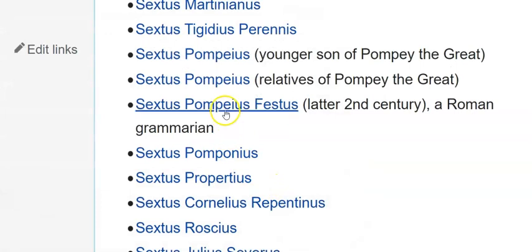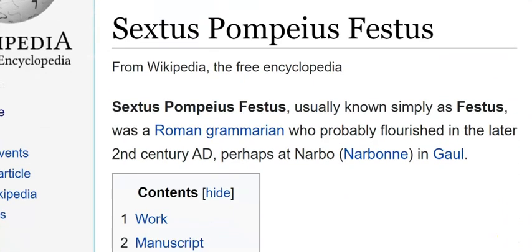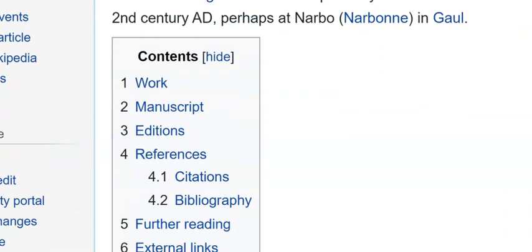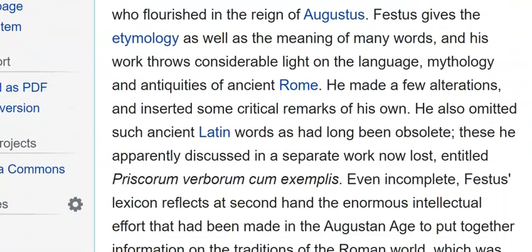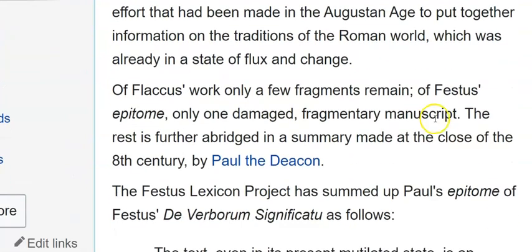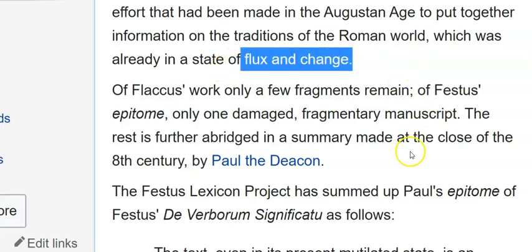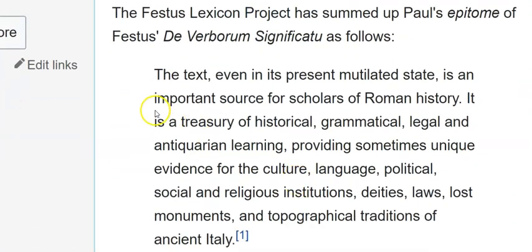Festus, Norbanus, see what I mean? The Roman world, which was already in a state of flux and change. Again, trans codes. Yeah. It's completely fake, right?